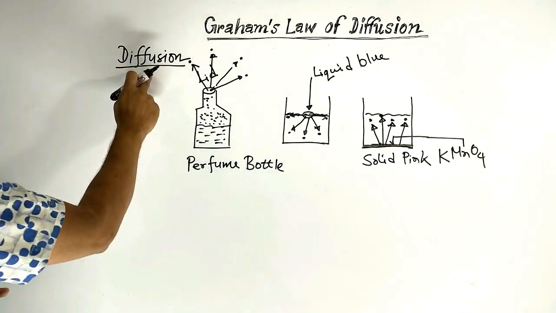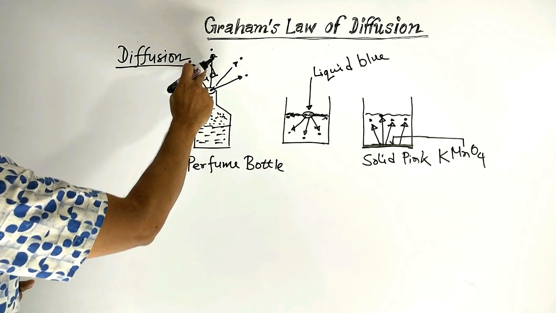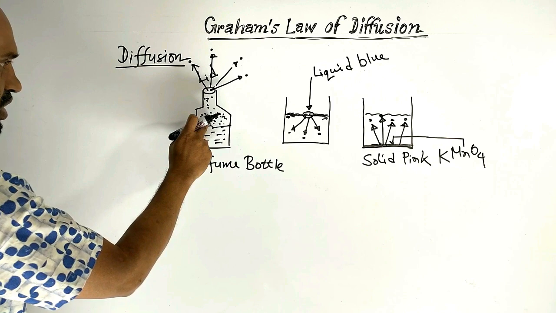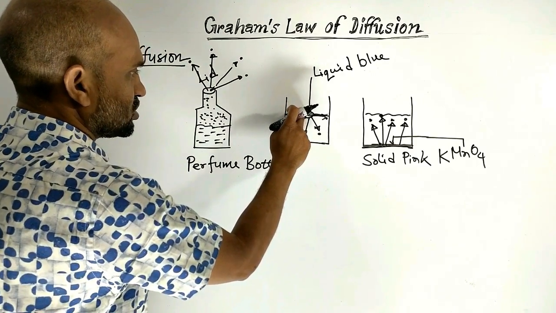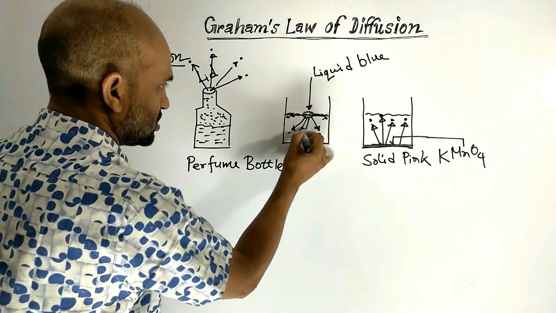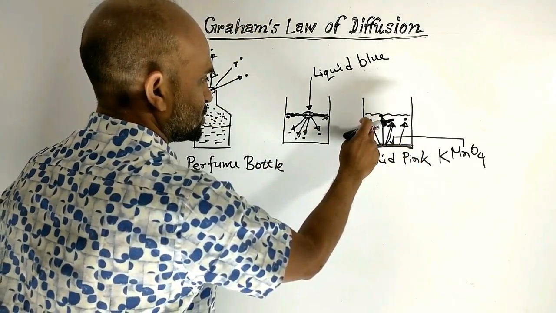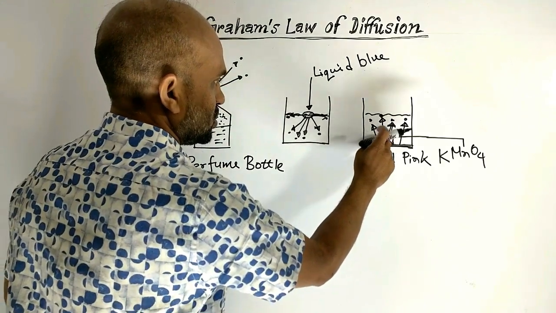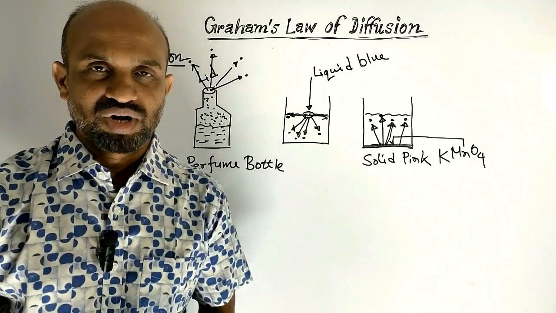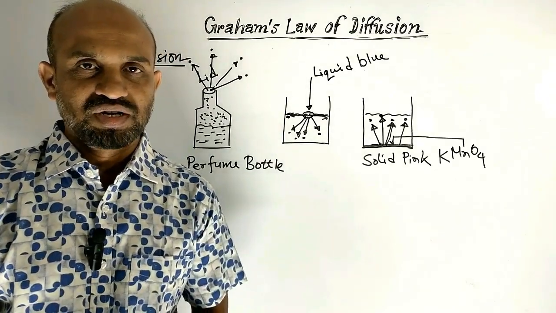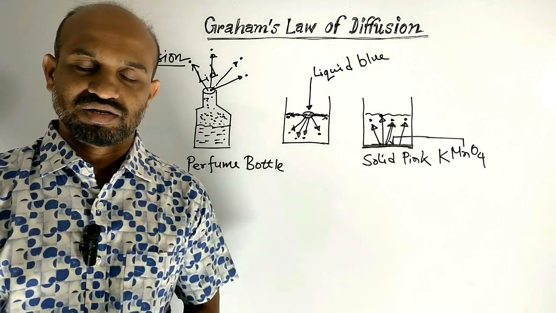That is, what is diffusion? The spontaneous movement or automatic spreading of molecules from the region of higher concentration to the region of lower concentration in a suitable medium is known as diffusion.